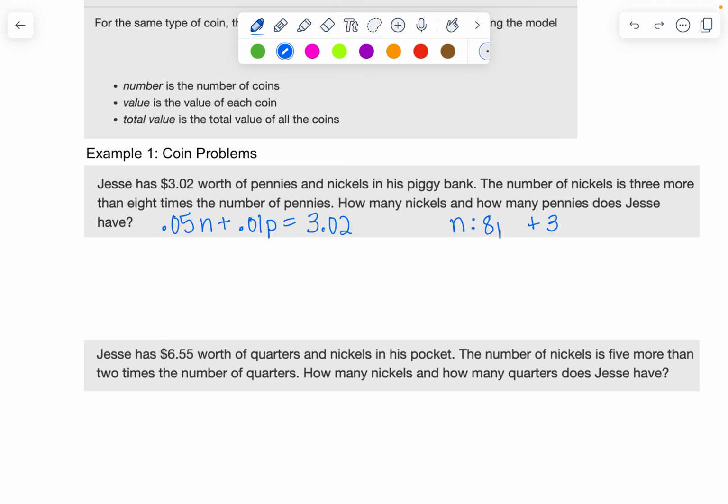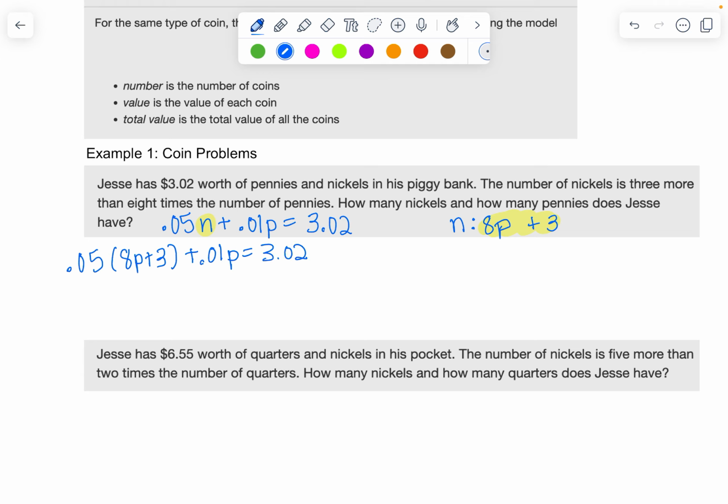So I'm going to take my 8p plus 3 and plug it in for my n. So 0.05 times 8p plus 3, plus 0.01 times p is 3.02.